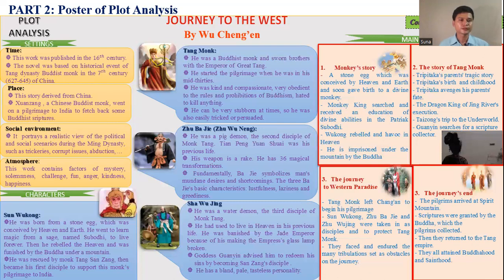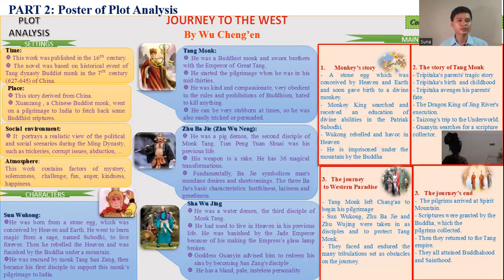You know, Sun Wukong is a monkey demon. He was born from a stone egg, which was conceived by heaven and earth. And he went to learn magic from a sage named Subhuti to live forever.